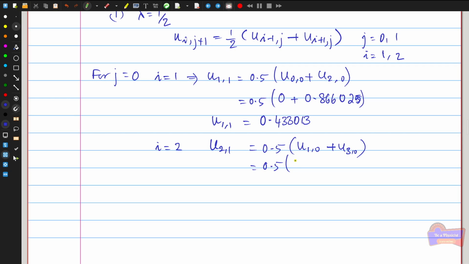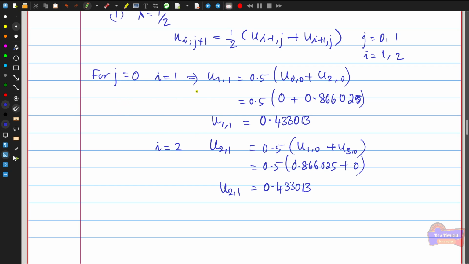The value of 1 comma 0 is the one we calculated, root 3 by 2, that is 0.866025, plus u of 3 comma 0, which is given as 0 from the boundary values. So the final value is again 0.433013. So u of 1 comma 1 and u of 2 comma 1 have the same value for I equal to 1 and I equal to 2, for j equal to 0.